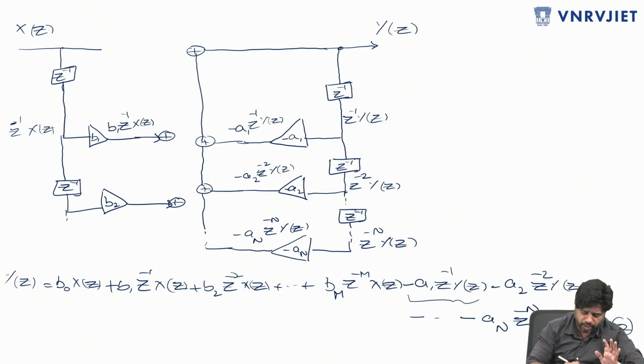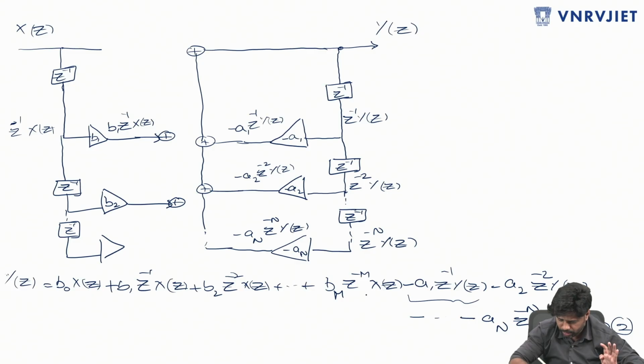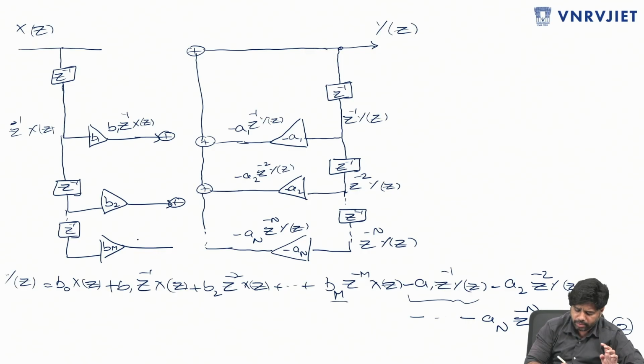Same procedure here I am following. So here finally z power minus 1, and here if you observe, the final is bm, and here bm z power minus m x of z.